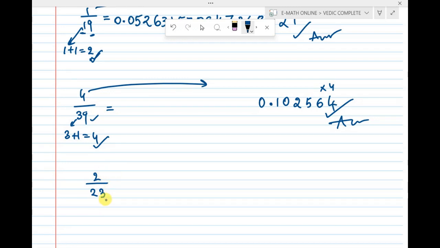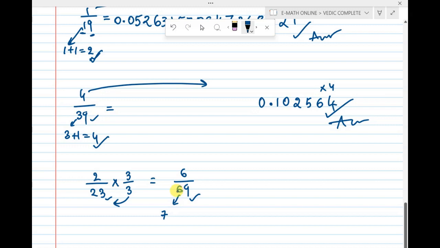In such cases, you have to make this last 3 into 9. Then only we can use this technique, right? So what you should do is just multiply and divide by 3. You know 3 twos are 6, and if you multiply this 23 by 3, then it will be 69. Now the last digit will be 6, and you have to do Ekadikena.